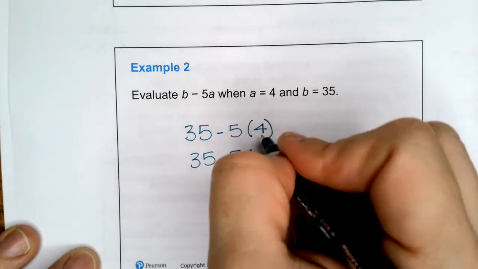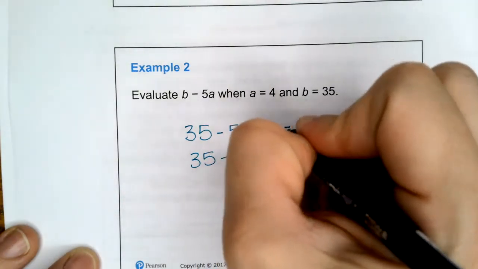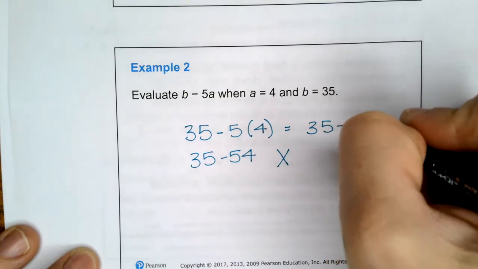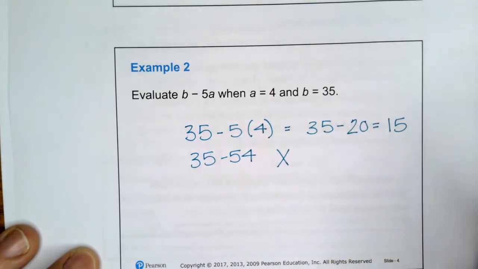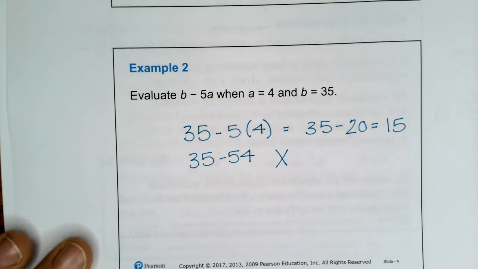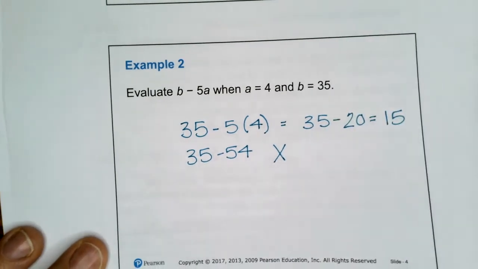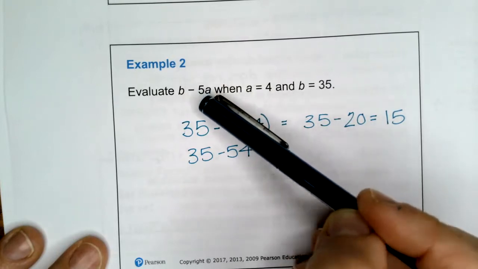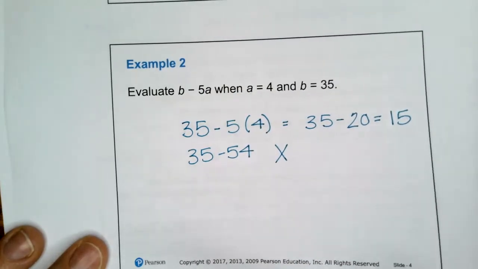It's 35 minus 5 times 4. So that becomes 35 minus 5 times 4 is 20. 35 minus 20 is 15, right? So anything pushed up against each other with nothing else means multiply, with no sign in between them.